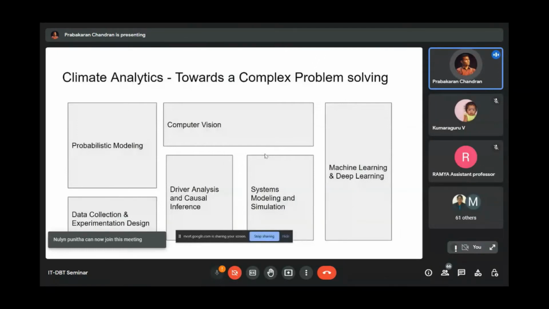Likewise, we need to have experimentation design in place, and then we should have a well-equipped statistical and causal analysis methodology in place.